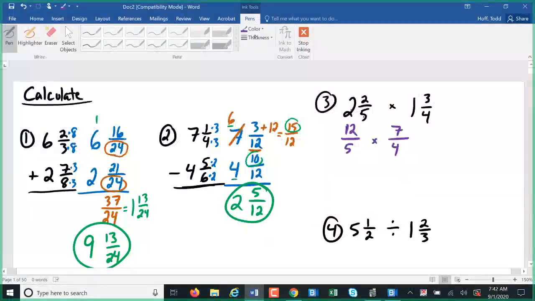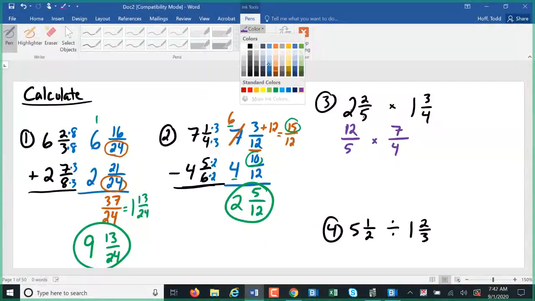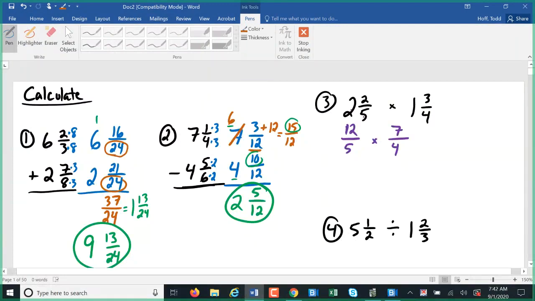Now here we can multiply, but we can actually, before we multiply, cross cancel, just like any other fraction. We see the 12 and 4 both can be divided by 4. 12 divided by 4 is 3. 4 divided by 4 is 1.